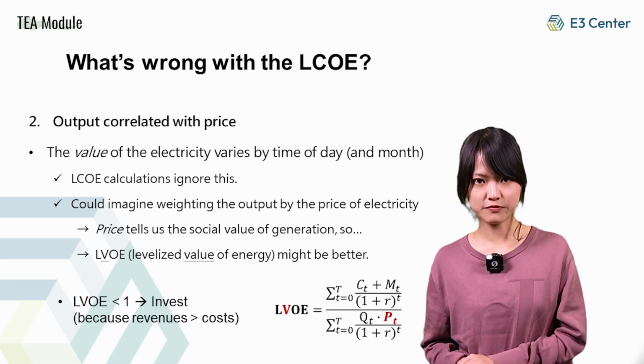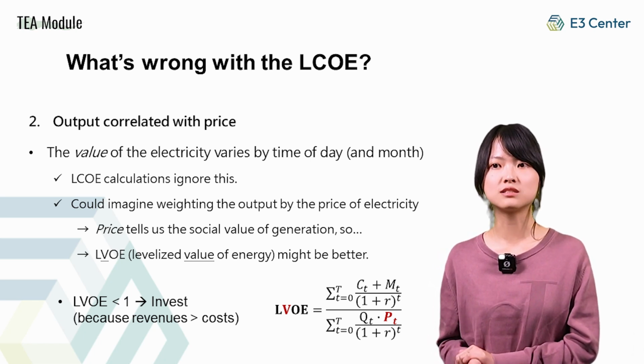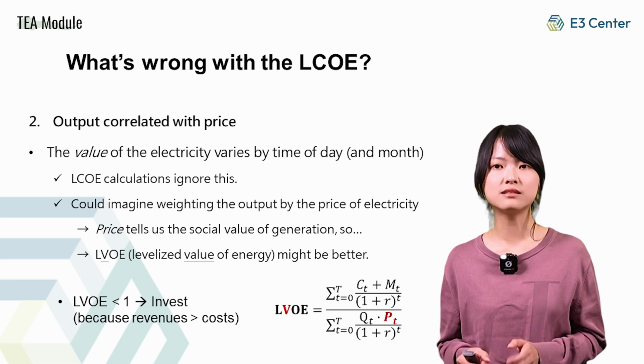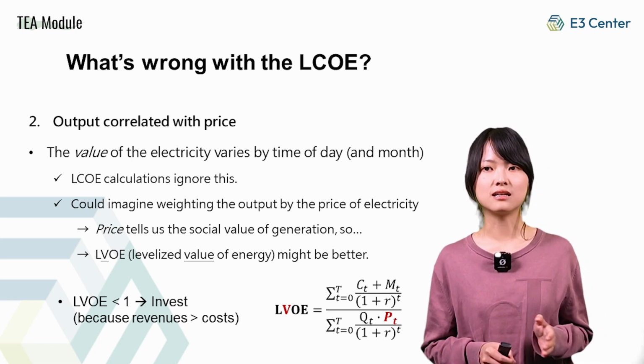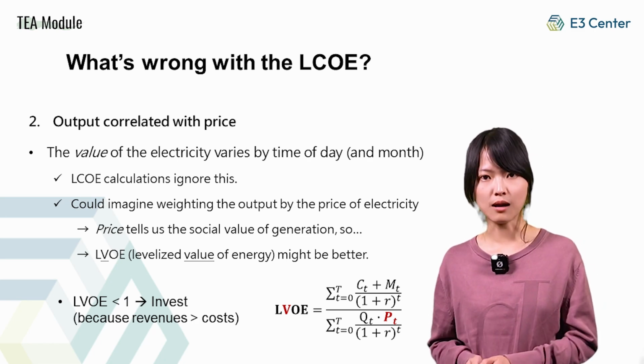This makes LVOE a potentially more useful metric for policymakers and investors, because it provides a clear picture of economic viability by aligning the cost with the actual economic value generated at different times.